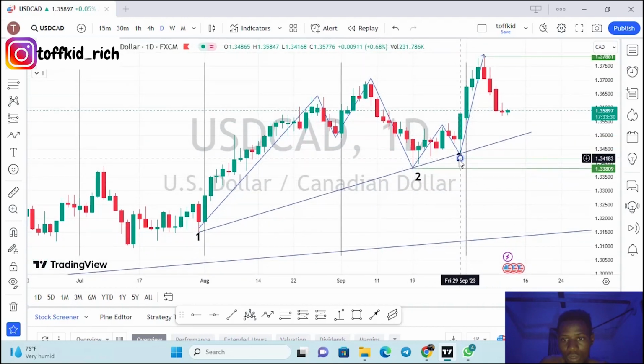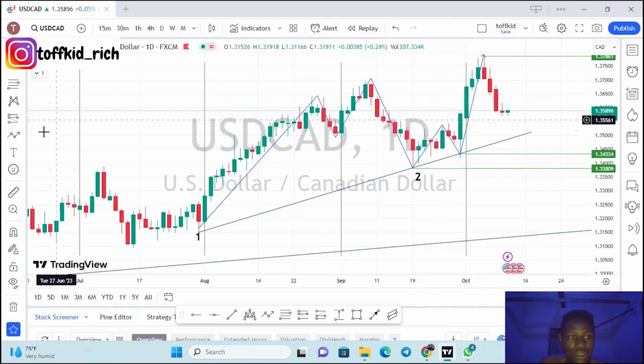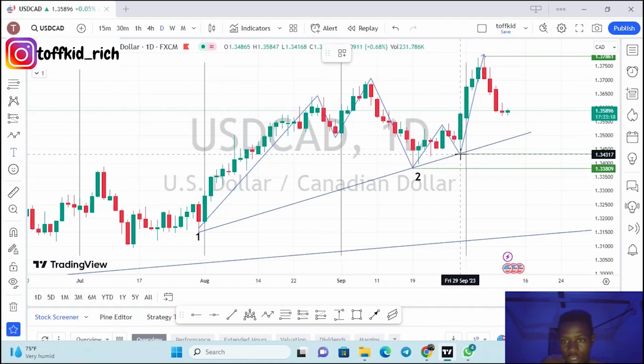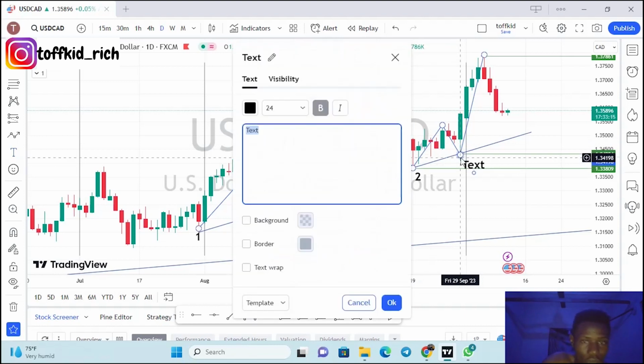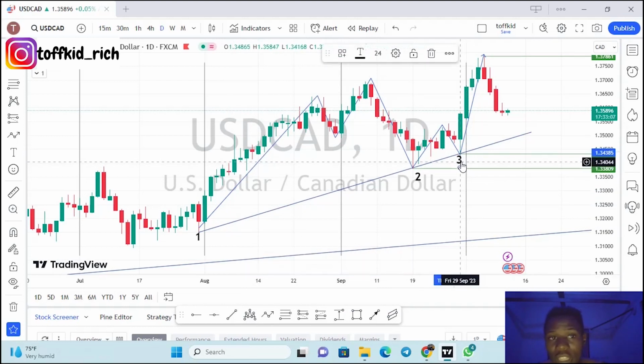And here is also the third touch of the market. So let me try changing this one. Here is also the third touch of the trend line. So as I already explained in the presentation, upon the third touch, that's where we are gonna be entering the market.